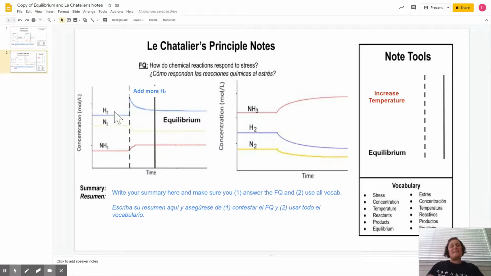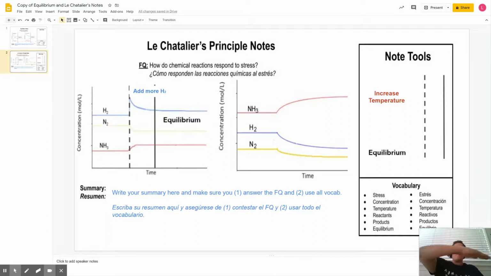So it's a little interesting here because we're starting at equilibrium, we're stressing out the system, we're adding more reactant to the party, right, to the reaction. More reactant means that we're going to start seeing more products being formed, and then we see all three lines reestablish equilibrium.